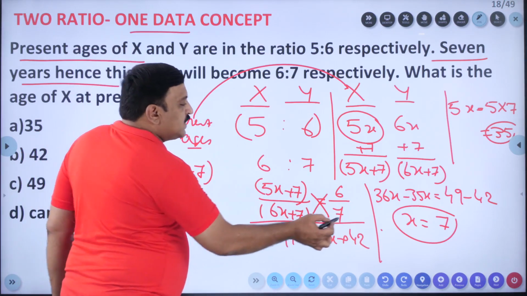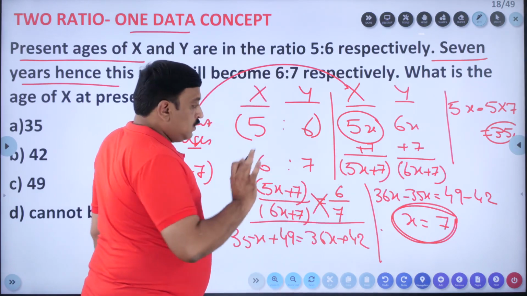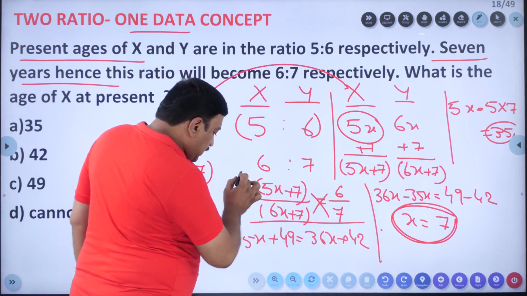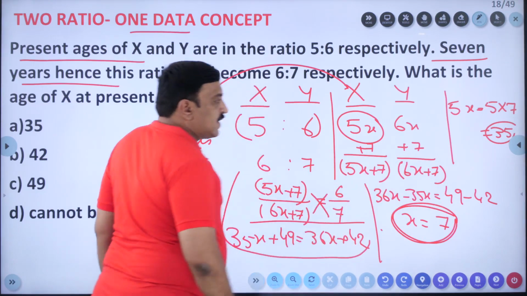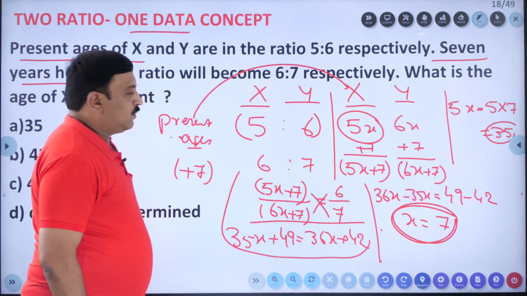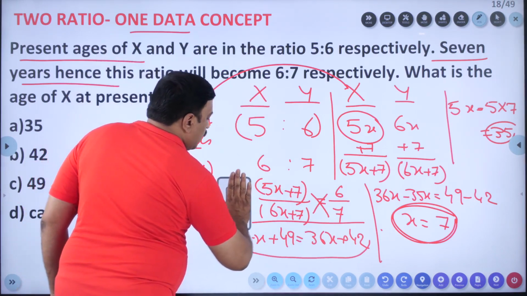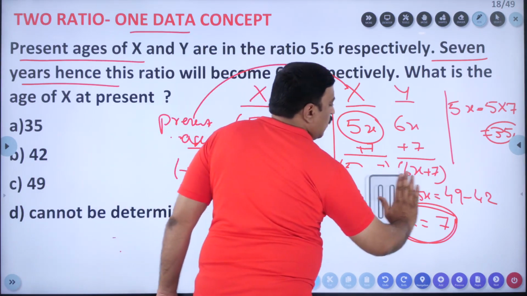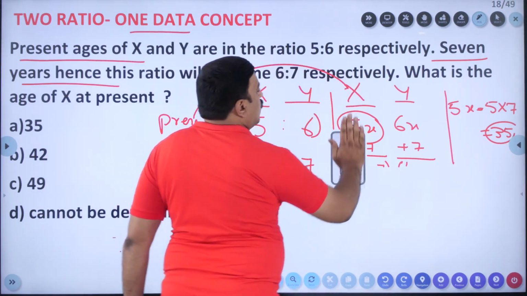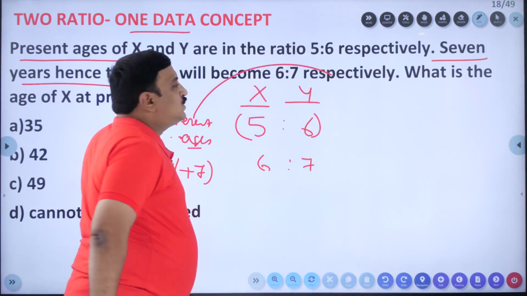Just hold on, just see this one. This is x is equal to 7. You see all this calculation part; without this, you can't arrive at 7. Okay? Now, let us go with our most famous, most logical, most useful, and most tricky method.